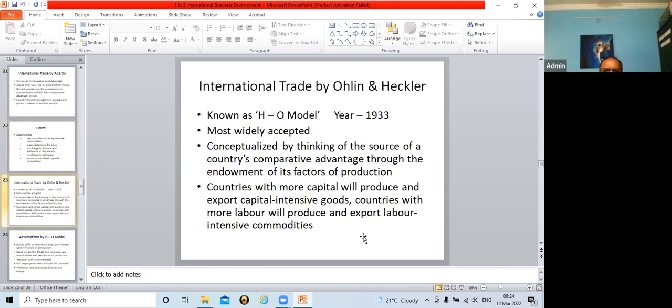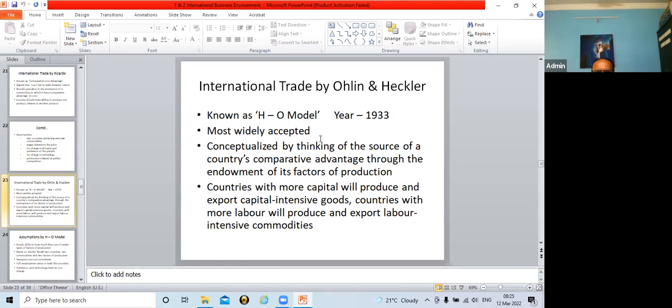Then another author, that is OH. OH stands for Olin and Heckler. International trade by Olin and Heckler, known as HO model. He invented this theory in the year 1933. But even though today in 2022 it is also applicable. Almost now it is a 92-year-old theory, but still it is applicable.